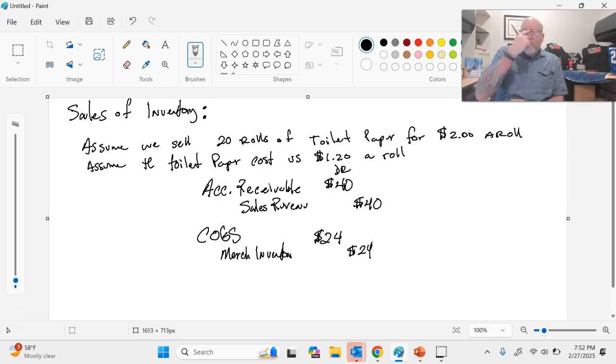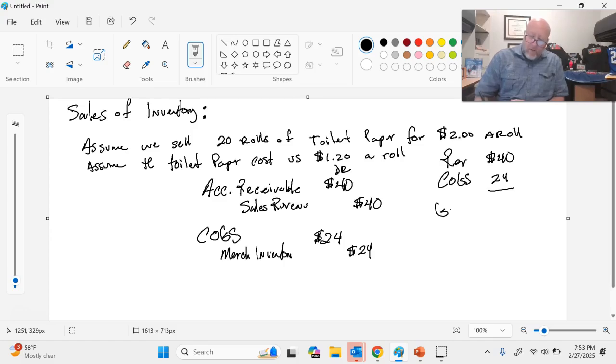So my income statement is going to be revenue, $40, cost of goods sold, $24, and then my gross profit of $16. I will also have a T account for inventory.